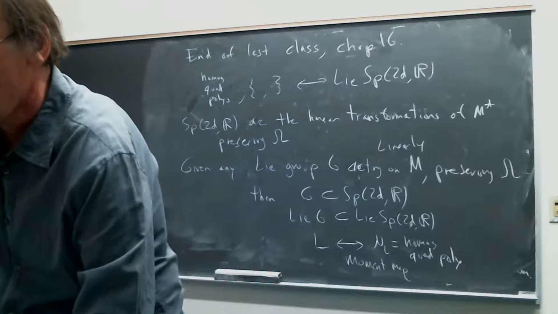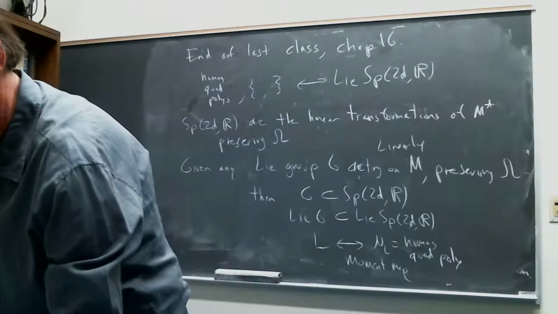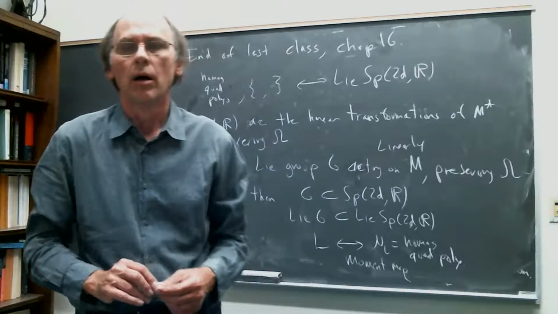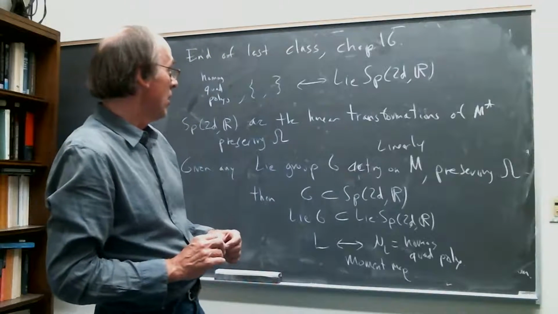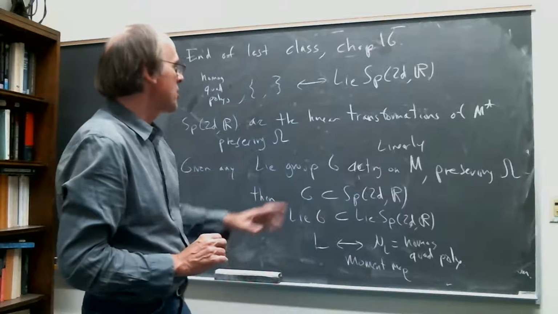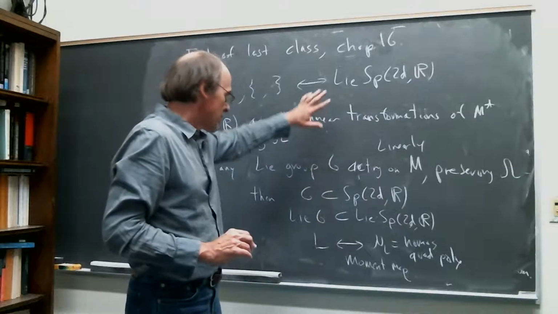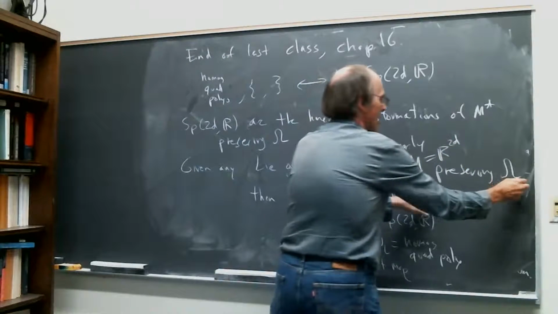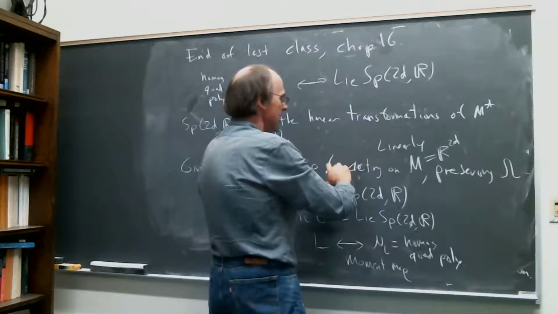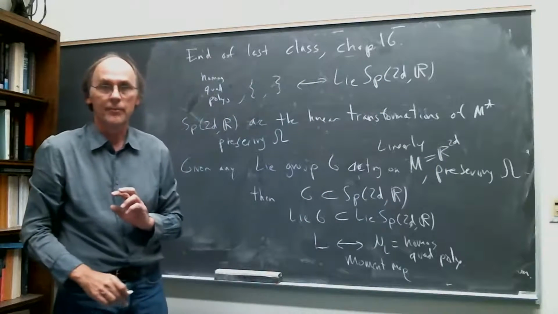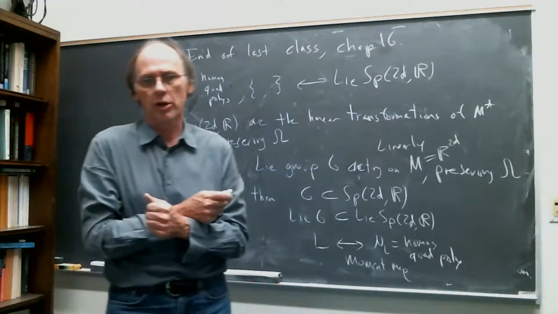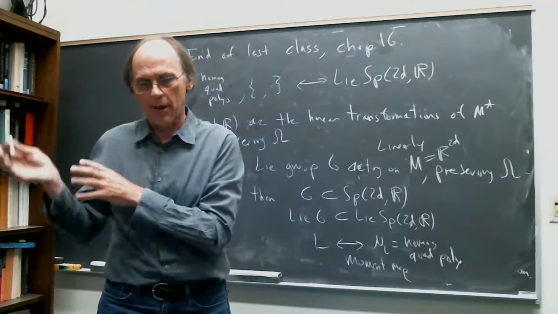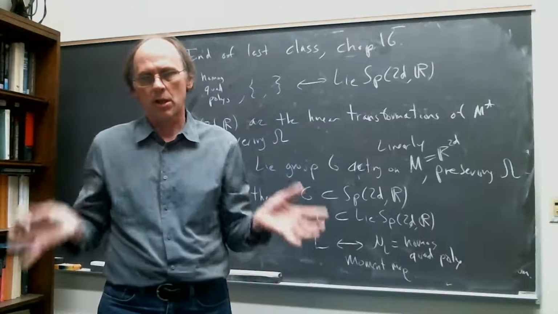What is M here in section 16? Is it Euclidean space, a flat space, or a manifold? So in this case, M is just R2D, and this is just a linear transformation on it. But the story I was telling you earlier about groups acting on symplectic manifolds and how to get moment maps works on any manifold.